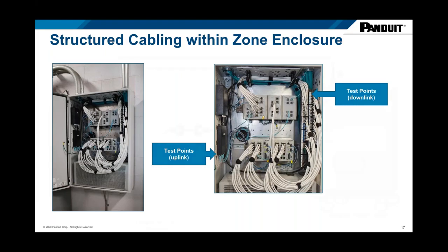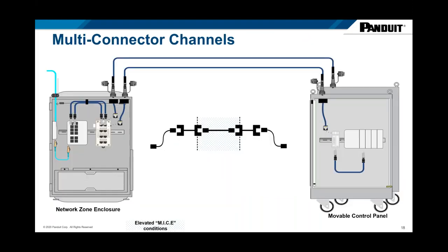So kind of my last area that I'm going to get into, I mentioned earlier 1005A and the multi-connector channels. So I wanted to give you a better feel as to where that would come up, right? So what I'm showing you here, here's that network zone enclosure that we saw on the previous slide, and here's kind of downstream from that network zone enclosure to some movable control panels where we might have an Ethernet connection.